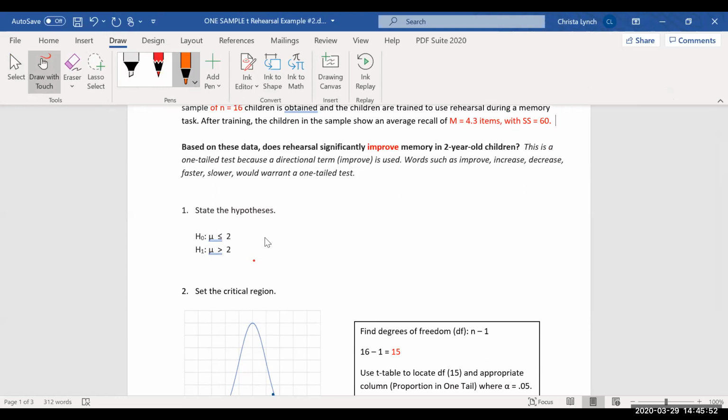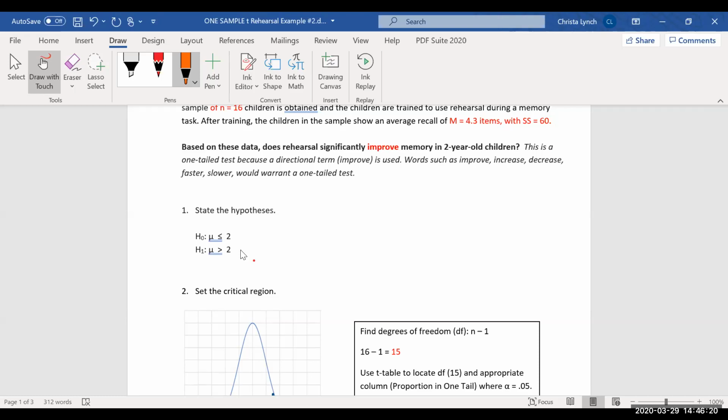Okay, so let's look at this a little closer here. So our null hypothesis is the population mean is less than or equal to 2. Our alternative hypothesis is the mean is greater than 2. Now this is another concept where I had lots of questions on Tuesday.